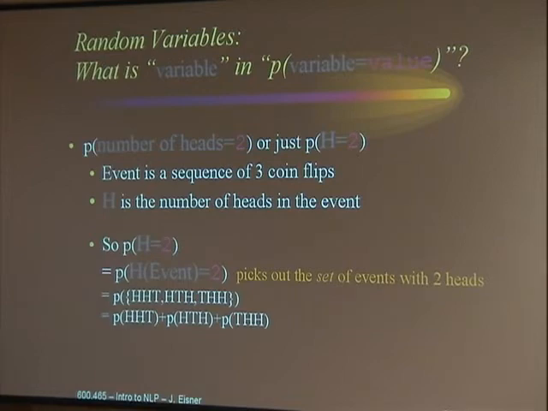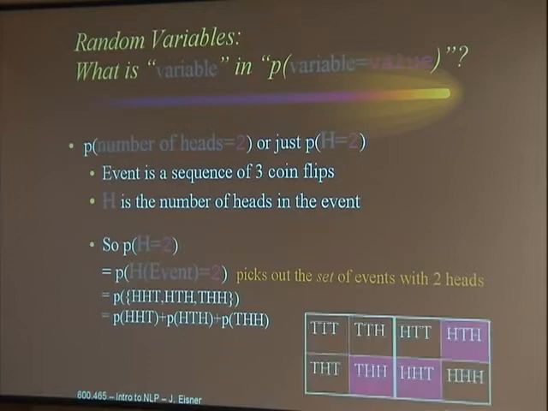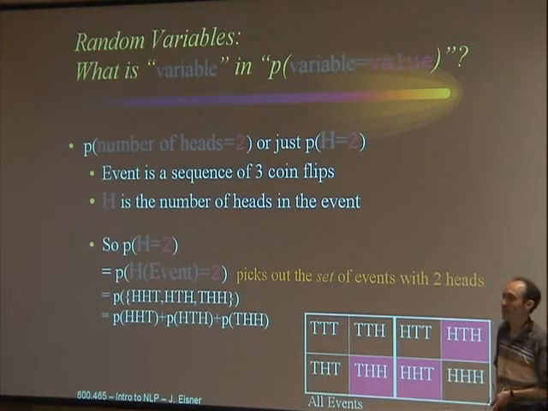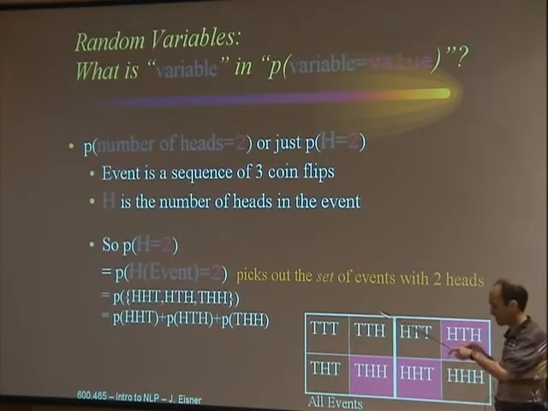And the total probability of those things is 3/8 if it's a fair coin. Yeah. Right. If it's a fair coin, actually we want to say 2 things. One is that the coin has a 50% probability of coming up heads, and tails.